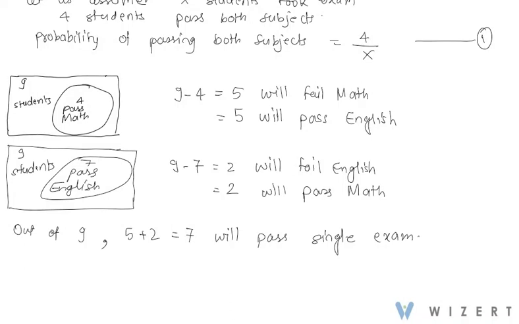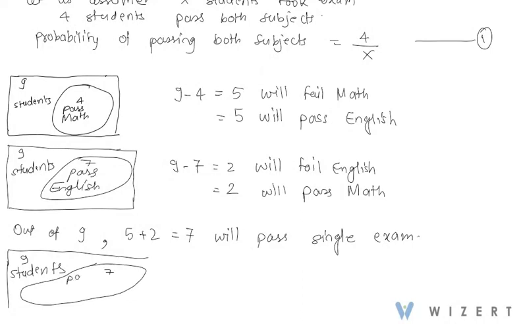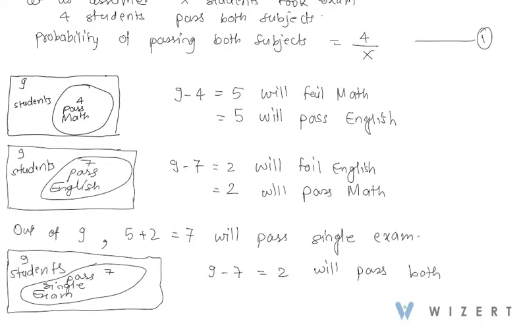So that means that if there were 9 students, 7 pass single exam. That means that 9 minus 7 equal to 2 will pass both exams.